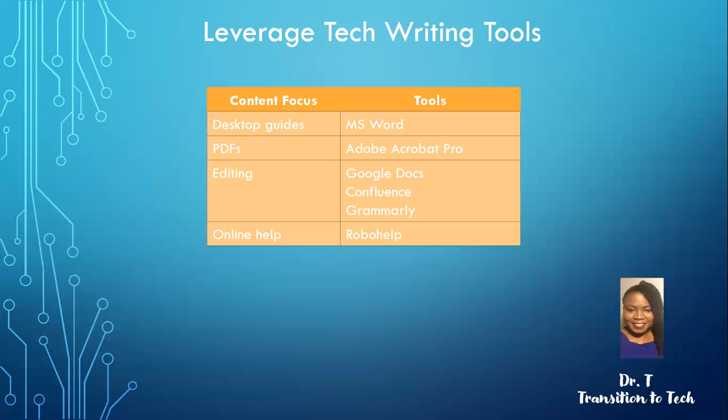So it's a great tool. Most people have been using it for a while, and don't become overwhelmed by it, because it's a trial and error tool. It has a great help feature. So if a desktop guide is the tech writing that you are focused on, then Microsoft Word might be a good tool to use and become familiar with.